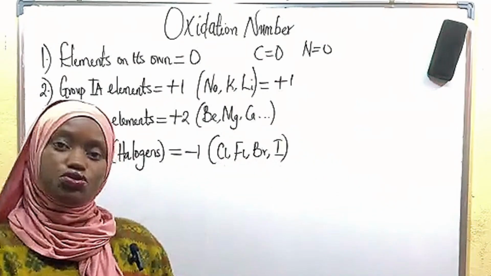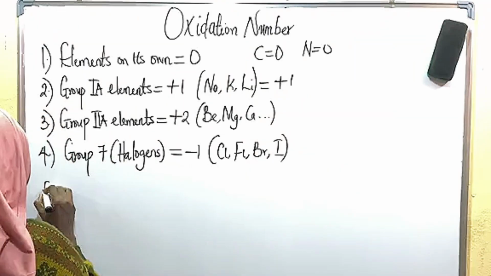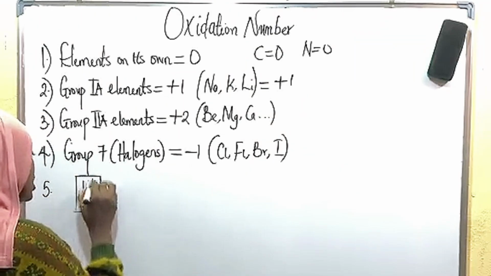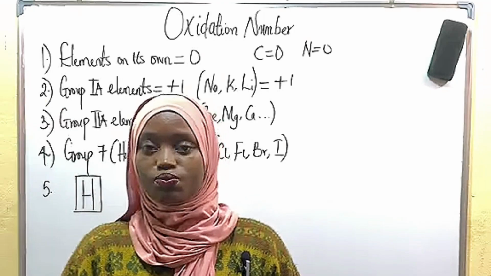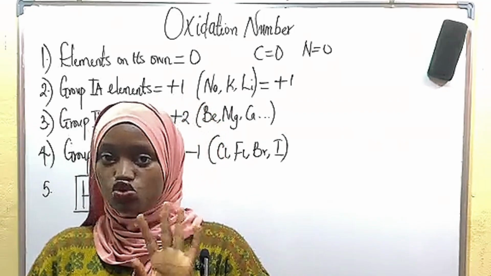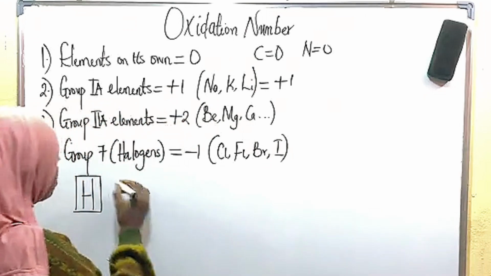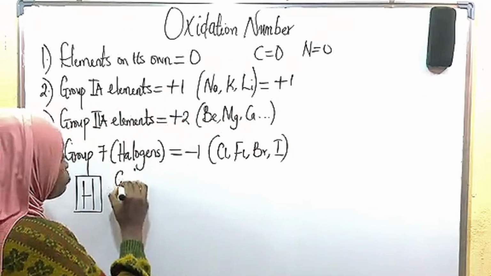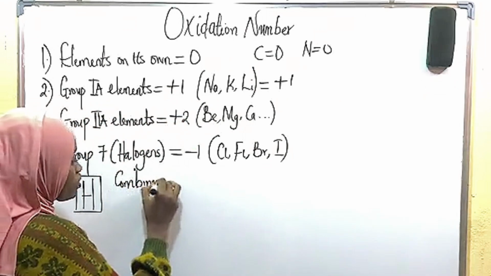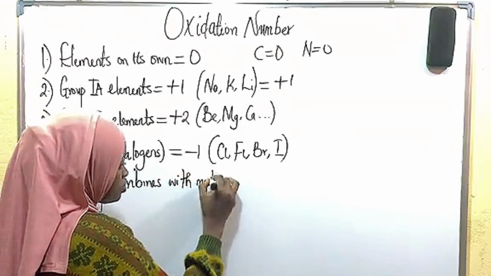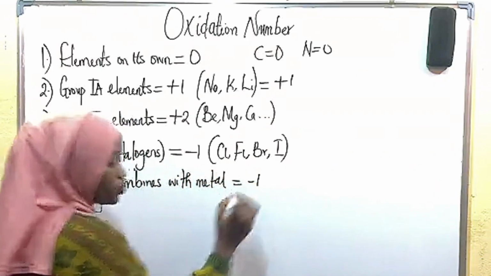So the fifth rule now is concerned with an element known as hydrogen. There are 3 things we need to know for hydrogen. So let's put this into writing. When hydrogen combines with metal, the oxidation number is -1.